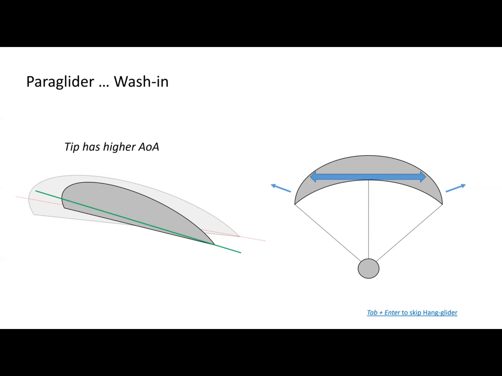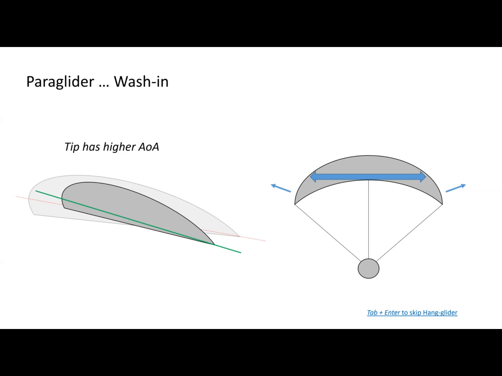Generally your wing isn't trimmed so that you get maximum lift at trim. There's usually a little bit more lift as you increase your angle of attack, but you might get more drag with it. So because there's a higher angle of attack at the tips, they're generating a little bit more lift than the center part of the wing.